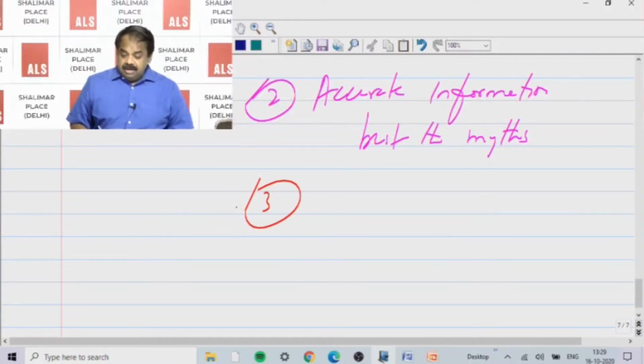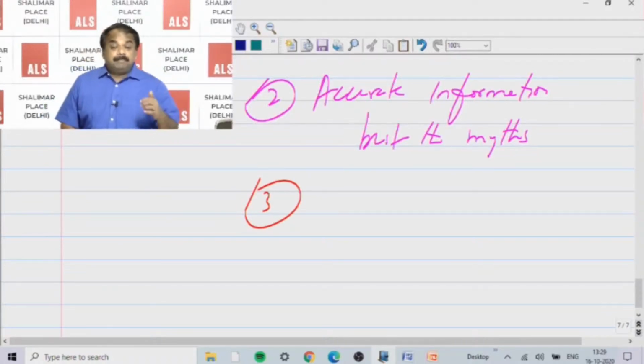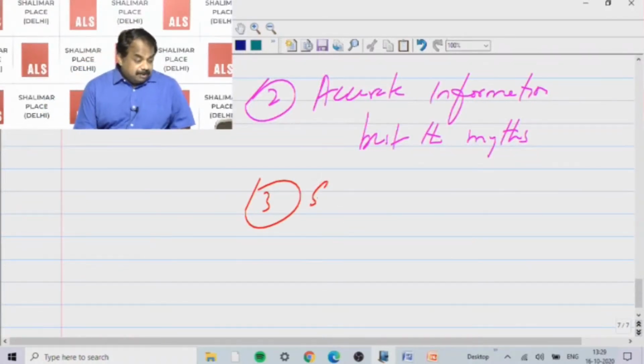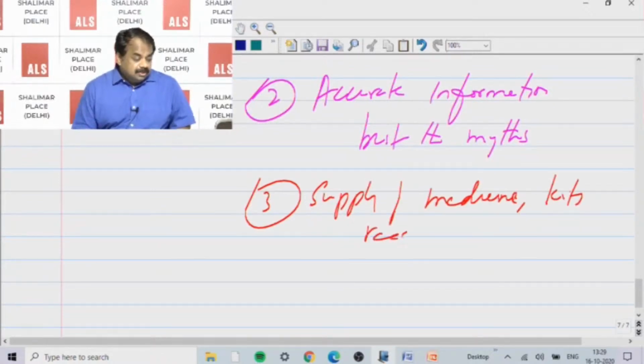And number three, we can say ensuring the supplies are reaching. The supply of medicine, then kits, reach across the world.